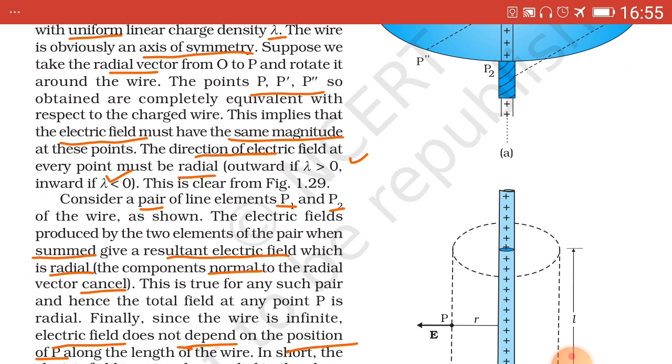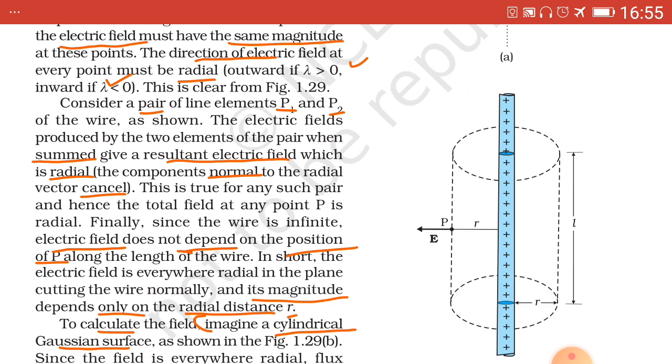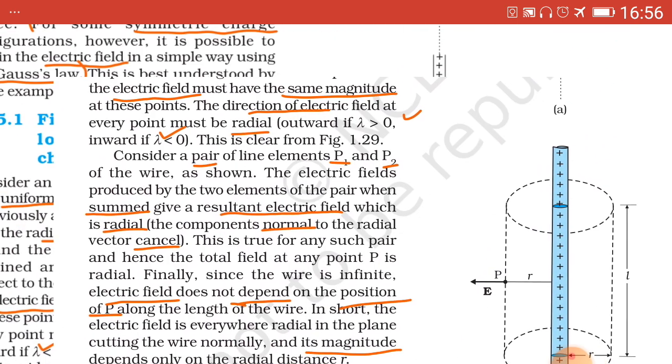So resultant electric field radial and the components normal to the radial vector cancel each other. So electric field does not depend on the position of P. Again I repeat, electric field does not depend on the position of P, which is as shown in figure A on the right hand side.